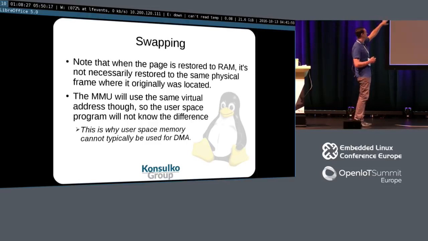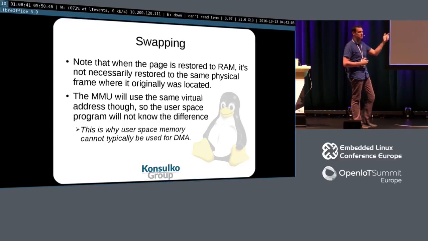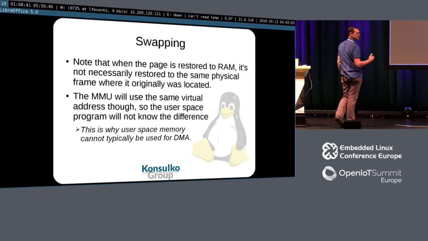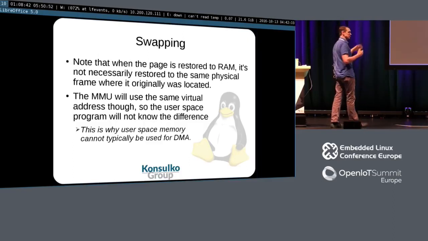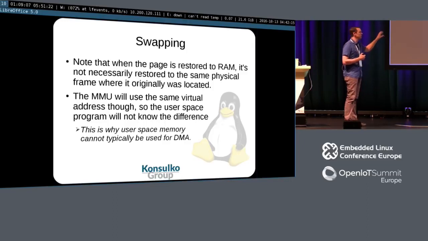So when we restore the page to RAM, we're not necessarily getting the same page frame. Again, we have this virtual dance going on here. There is no persistence or affinity to that original physical page frame. So you need to get rid of this notion that physical addresses matter. You will use the same virtual address though, because those mappings stay the same in user space, so you don't know the difference.